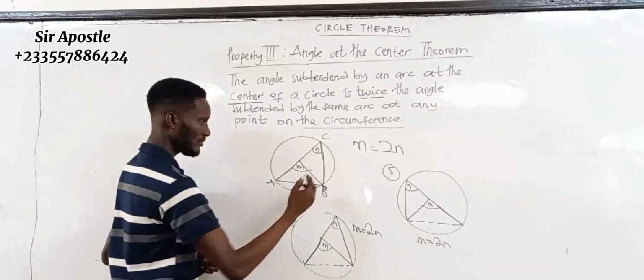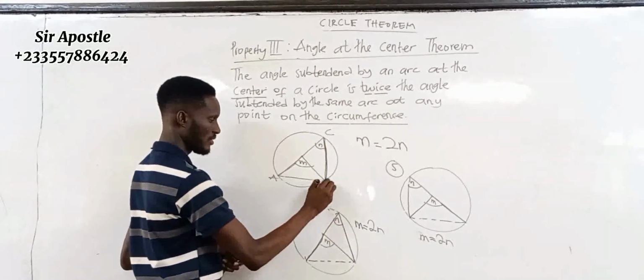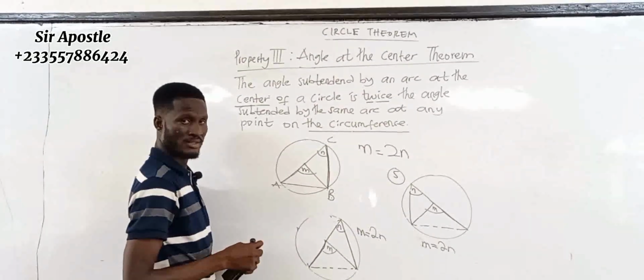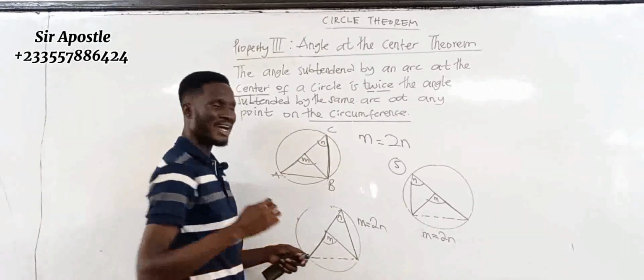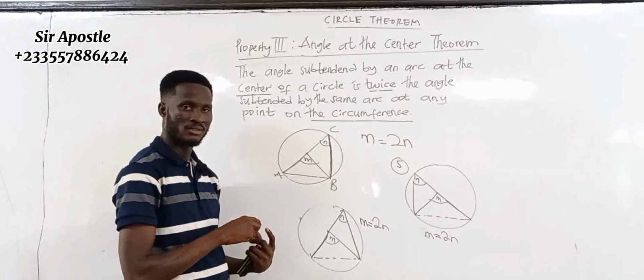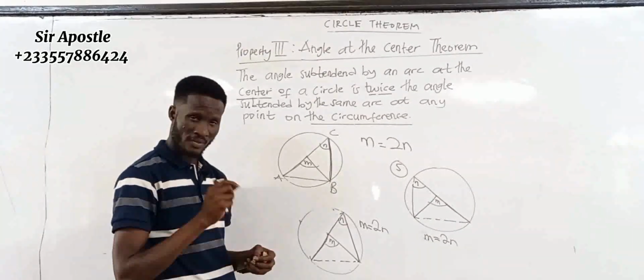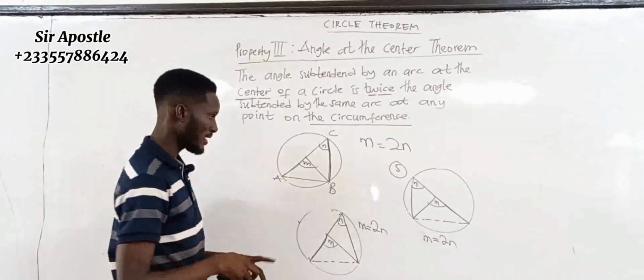Now let's see. If I consider the chord BC, I can see that it is forming an angle at the center of a circle, and then it is also forming an angle at the circumference of a circle. Can you also see the same thing? Let's look at it.